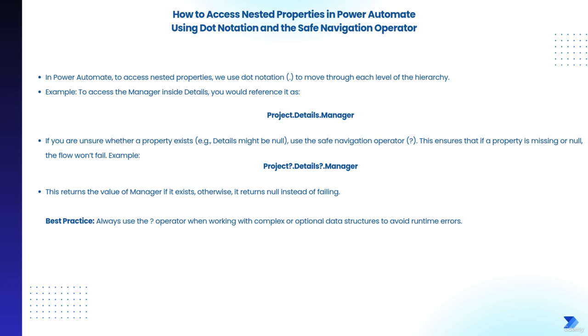Using the operator ensures that if details doesn't exist, the flow won't fail, but instead return null, allowing for a smoother execution. Best practice: when dealing with deeply nested data, always use the safe navigation operator to ensure your access paths are robust against missing data.